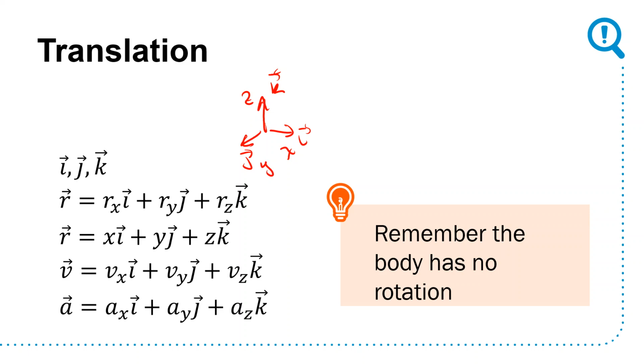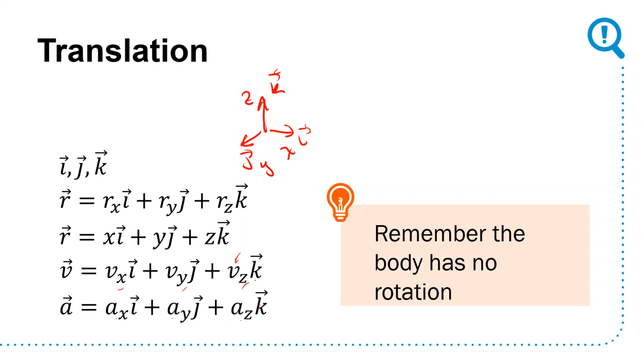R is also equal to, in normal Cartesian coordinates, x i, y j, z k, and I can do that with velocity: v_x in the i direction, v_y in the j direction, v_z in the k direction. I'm going to use my unit vectors to give me directions, and I'll leave these as magnitude terms. Same thing with acceleration: a_x, a_y, and a_z in the i, j, and k directions. Now this is only for the particular case where the body has no rotation. So that's great. That's case 1.